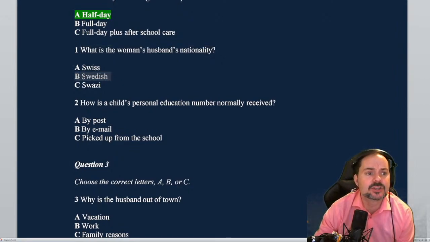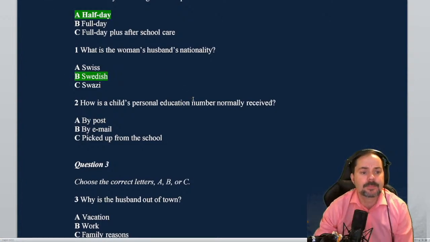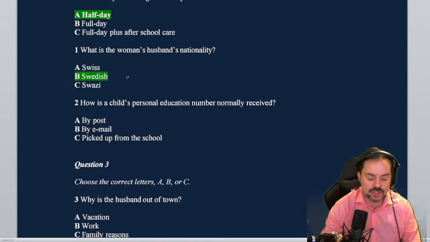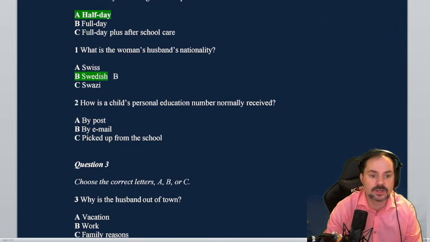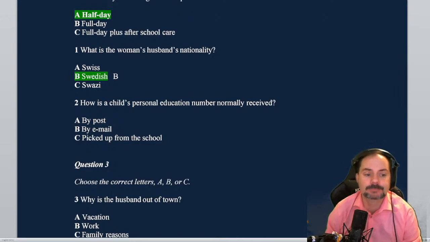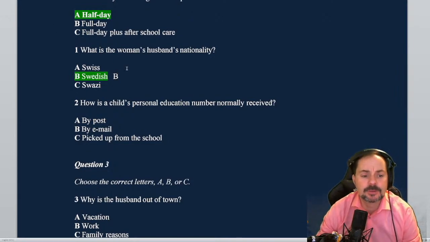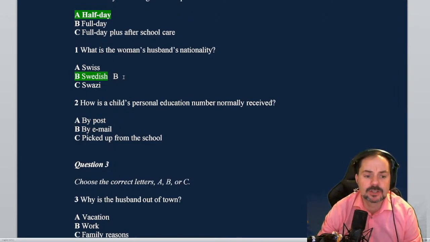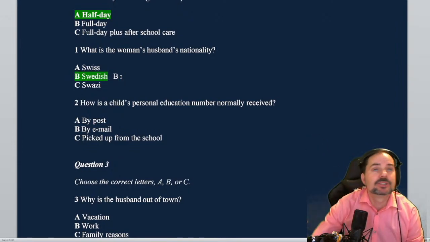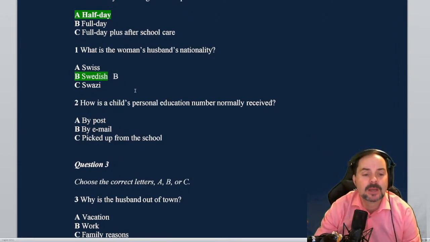Indeed, the man is Swedish. That's the correct answer. So yes, B, okay? So in your answer sheet, make sure that you're putting B as the answer. That's all you need to put is the big B, all right? In the computer-based exam, it's just going to be a little checkbox. You just click on it, and it'll go boop, and it'll check that off, okay?